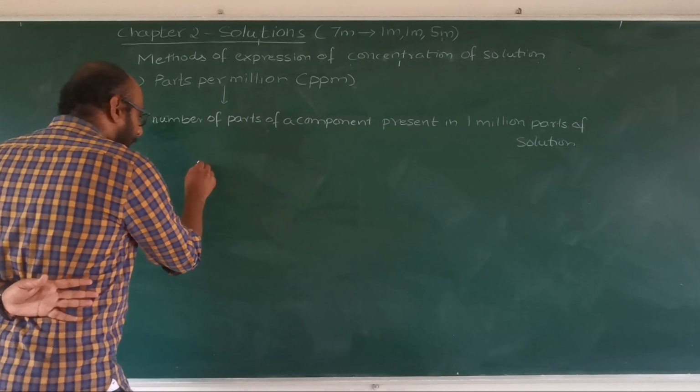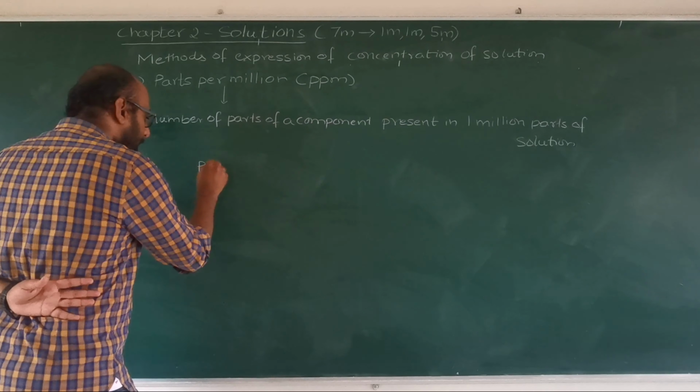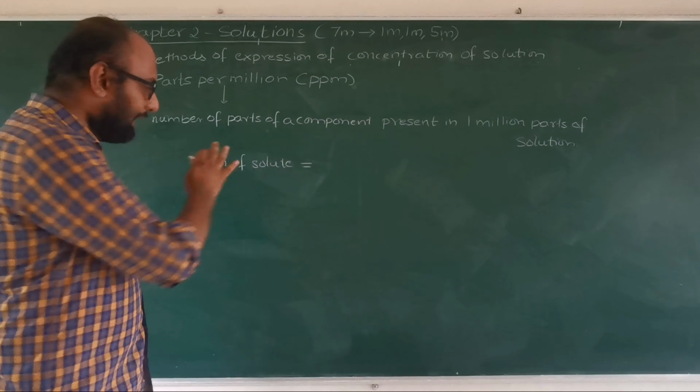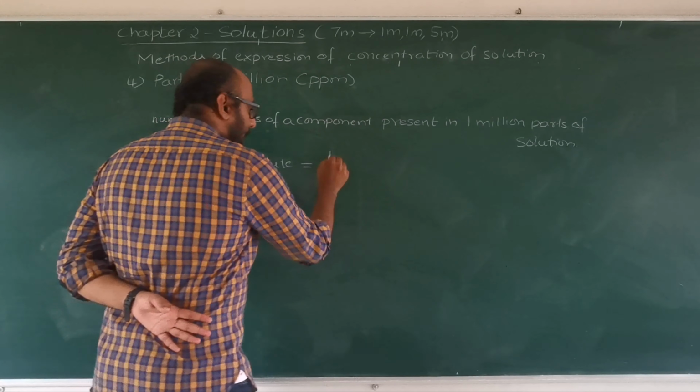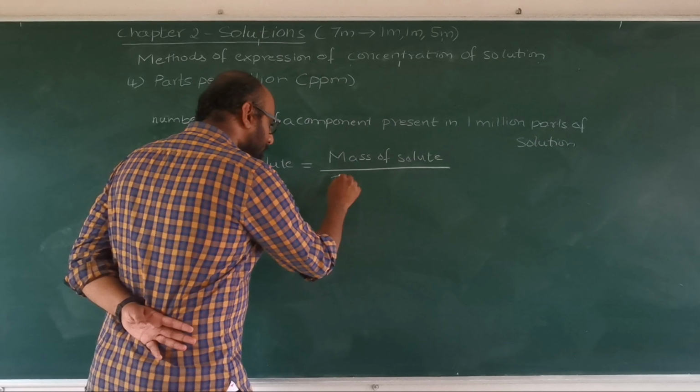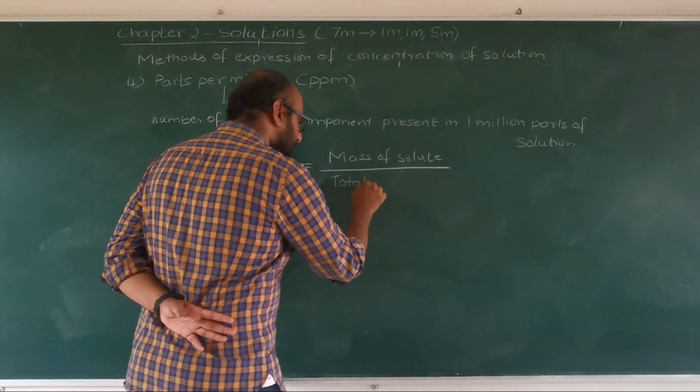That is parts per million. The formula we have, ppm of solute. For example, you are taking solute here, component, parts per million of solute is given by mass of solute divided by total mass of solution.